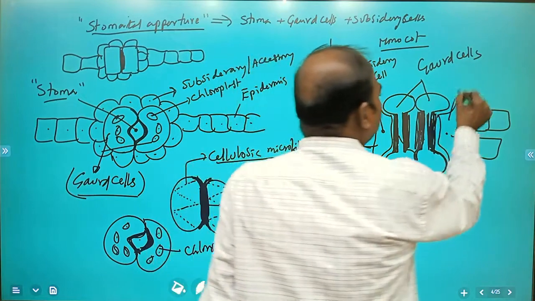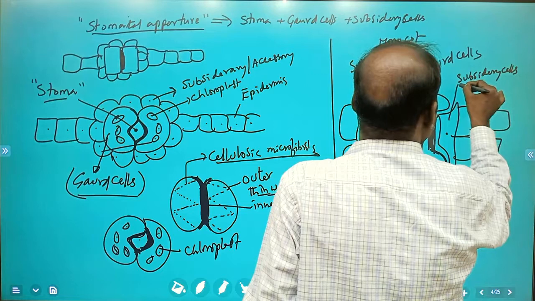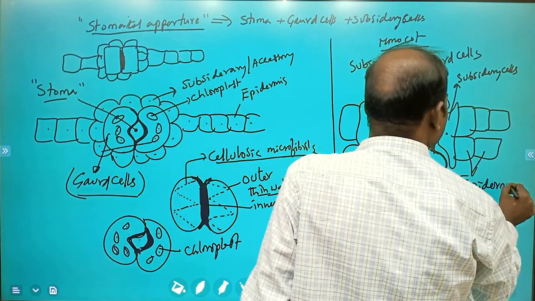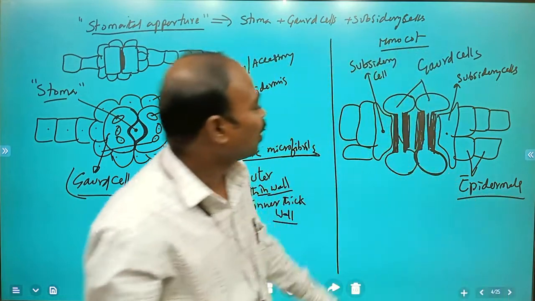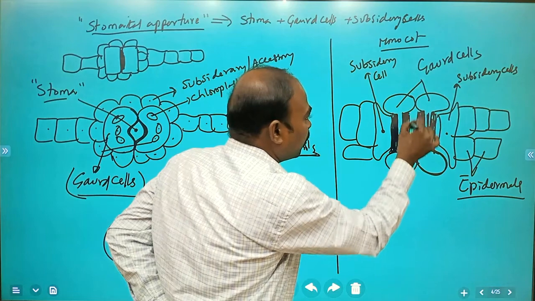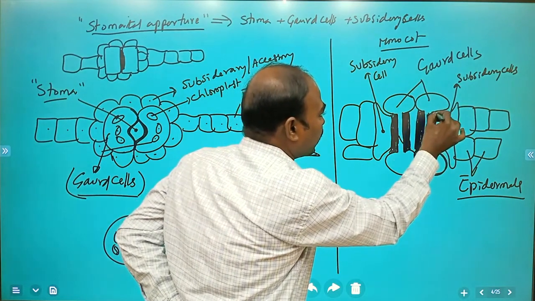So you see the subsidiary cells and guard cells and epidermal cells. So the guard cells are in dumbbell shape. Here the middle wall is thick and the outer wall is thin.